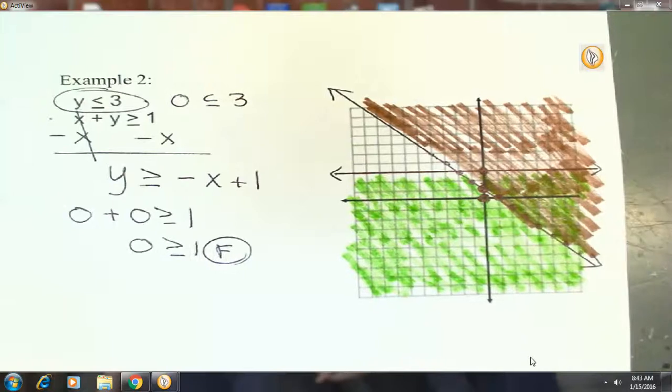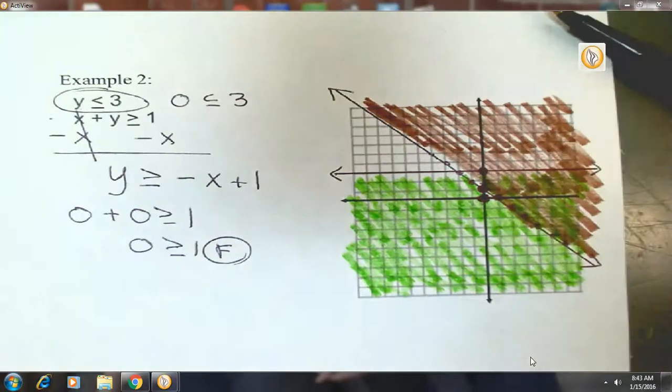Real quick, I want you to graph this on Desmos so you can see what it looks like. Okay, we're graphing on Desmos.